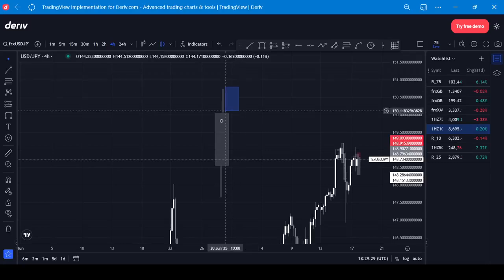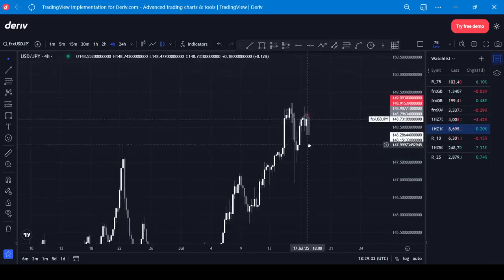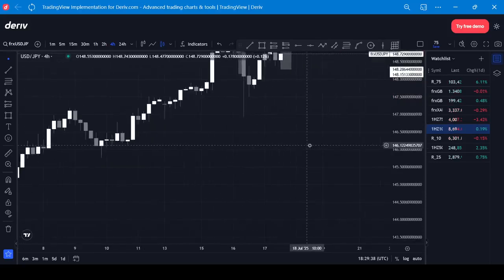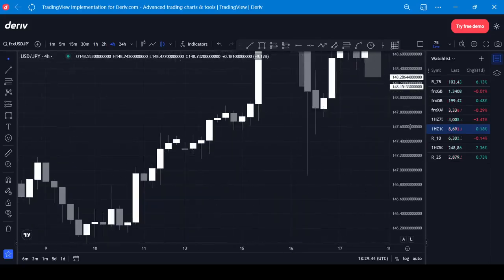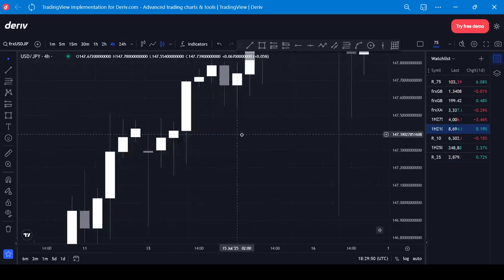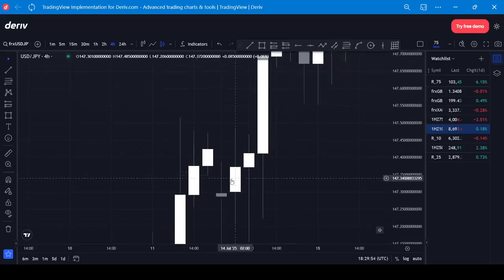So let me use a real candle for that scenario. Okay, look at this candle here, this one. You see that this is a bullish candle.